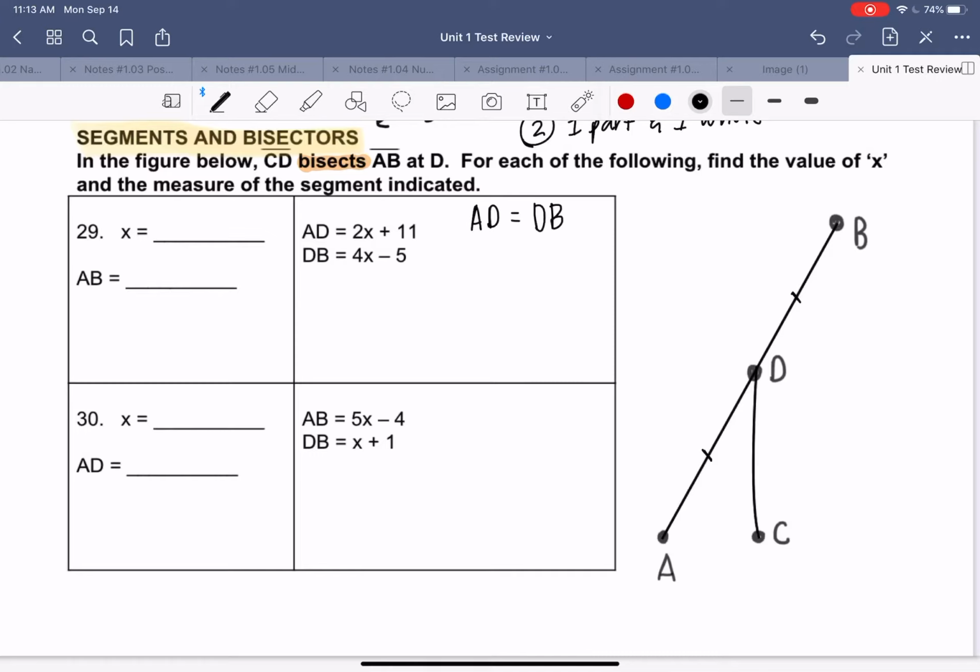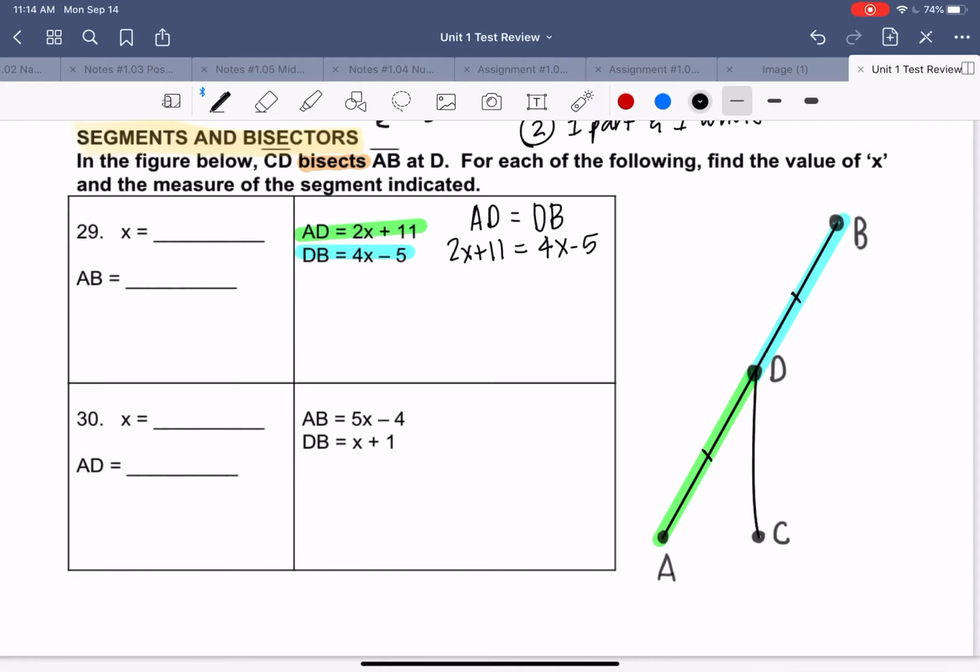All right, well, if AD is congruent to DB, all I need to do is set those values equal to each other because look in your problem. They have given you AD and then they have given you DB, which we just stated were congruent to each other. So AD is 2x plus 11, and we're going to set it equal to 4x minus 5 because AD is equal to DB.